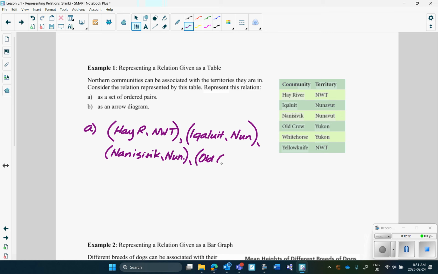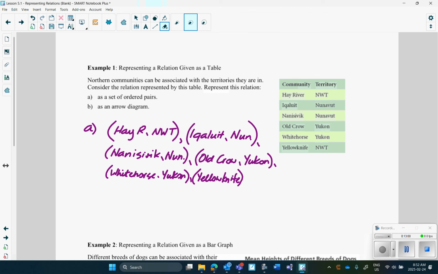Old Crow is Yukon. Whitehorse is Yukon. And Yellowknife is Northwest Territories.